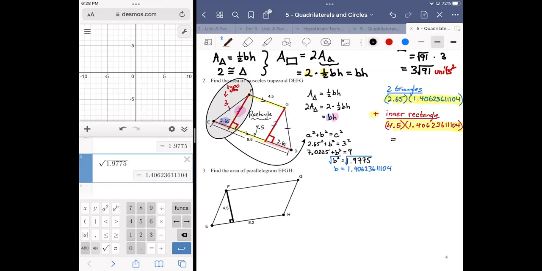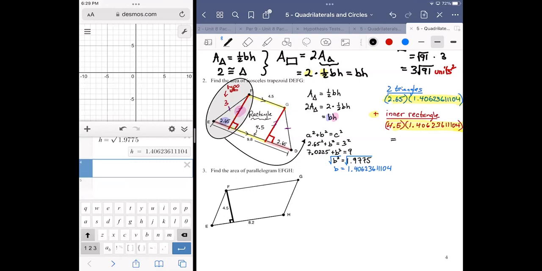All right. So it's like, okay, well, that's a lot to type in. But what you can do is set whatever this value is. I have it in Desmos here. I can set it equal to whatever I want. Since that's the height, I'll just say h equals. And now anytime I type in an h, it's going to bring back that lengthy decimal.